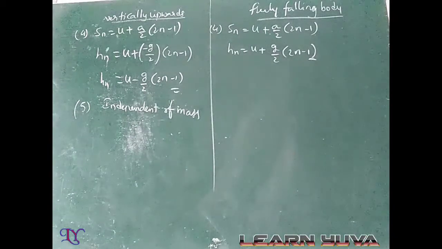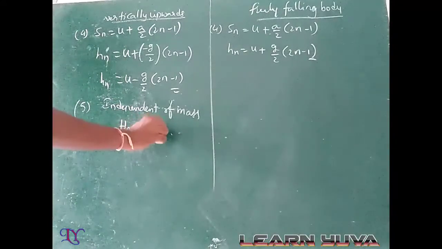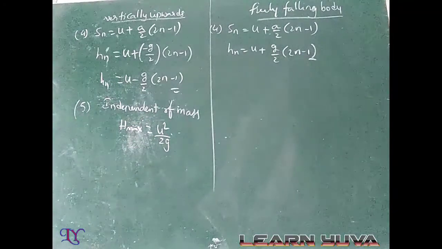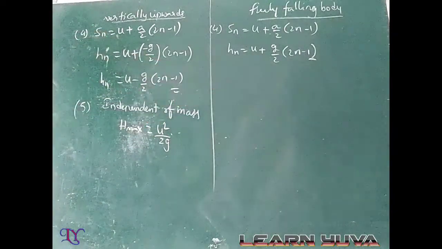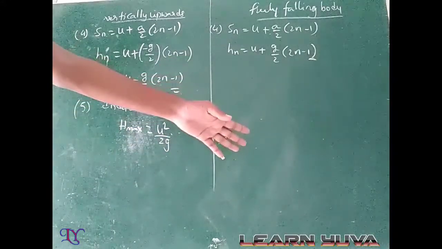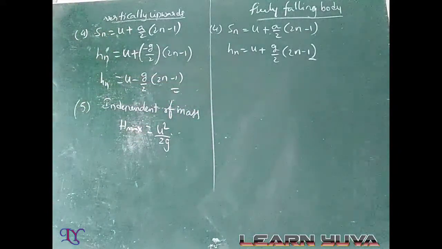For example, two cases are given, that means for body 1 and body 2. For Hmax, by the Hmax formula we already got that Hmax is equal to u square by 2g, from the previous equations. This is applicable for a freely falling body also, because Hmax is equal to u square by 2g and Hmax is equal to v square by 2g. V or u is nothing but velocity.